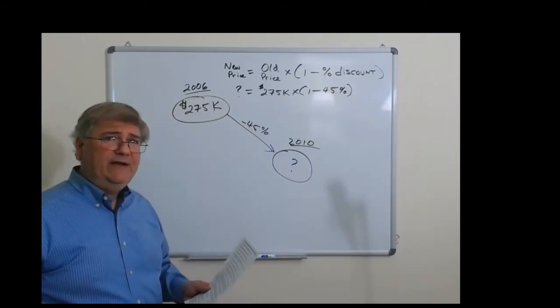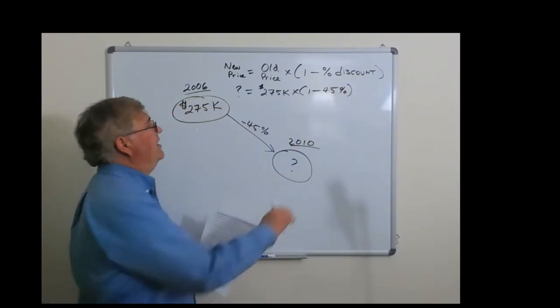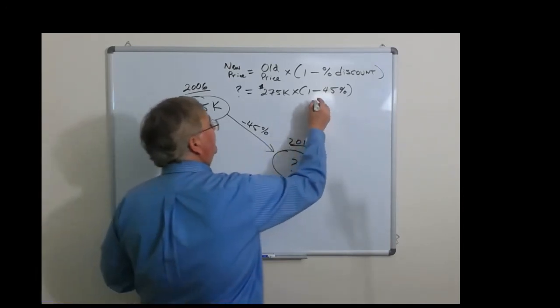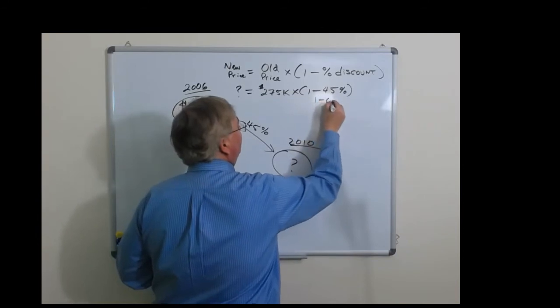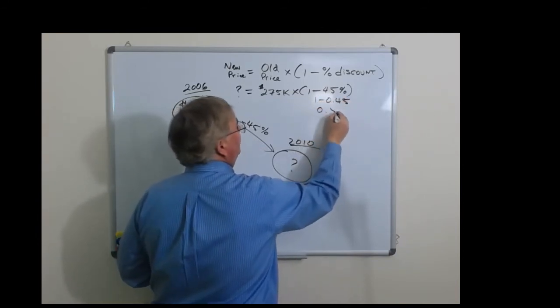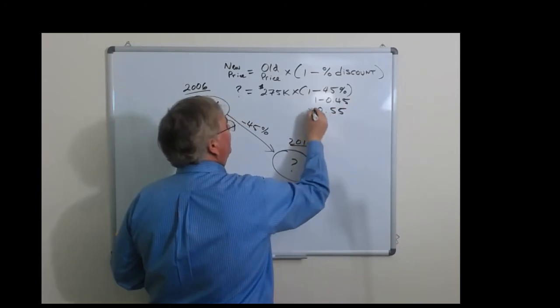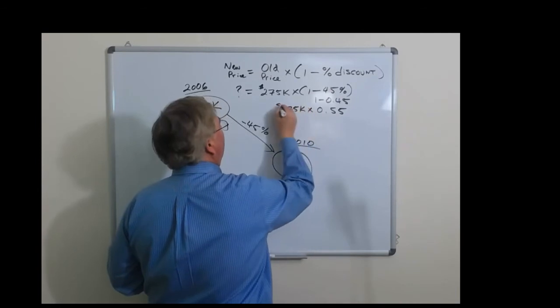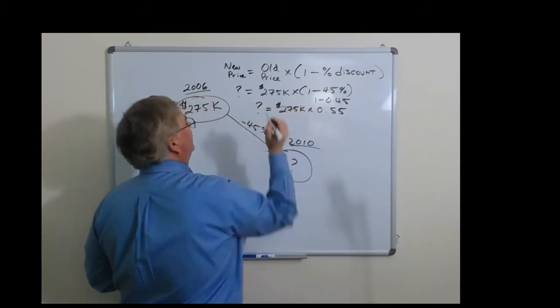Okay, now the next thing we have to do again is to solve for what's in the parentheses first. So 1 minus 45% is the same thing as 1 minus 0.45, which is the same thing as 0.55. And we multiply that by the original price of $275,000. And that should give us the answer.